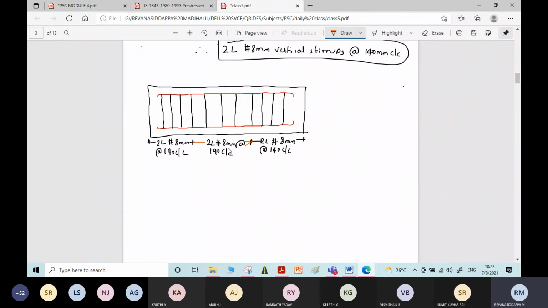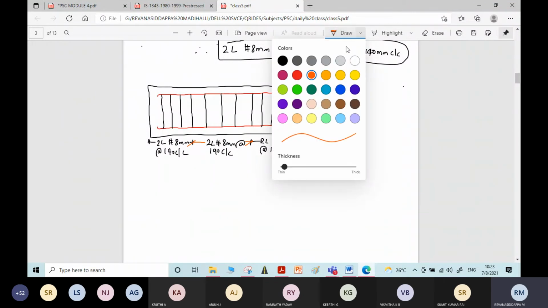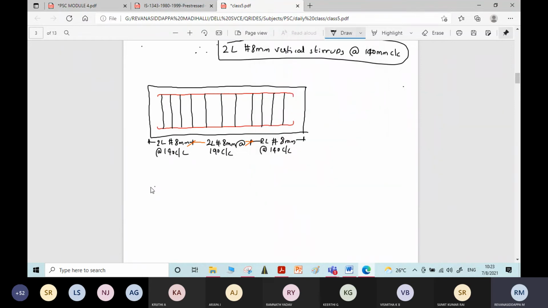Okay, because if you look into the shear force diagram for beam, what will be the nature of shear force diagram? At the support it will be higher, at the center of the span it will be 0. So like this you will get the shear force distribution, or the shear force diagram.